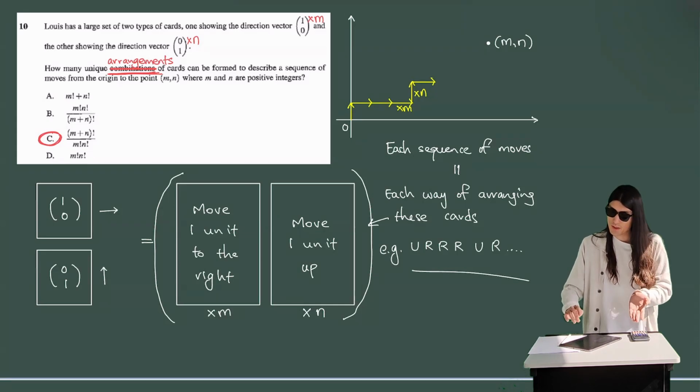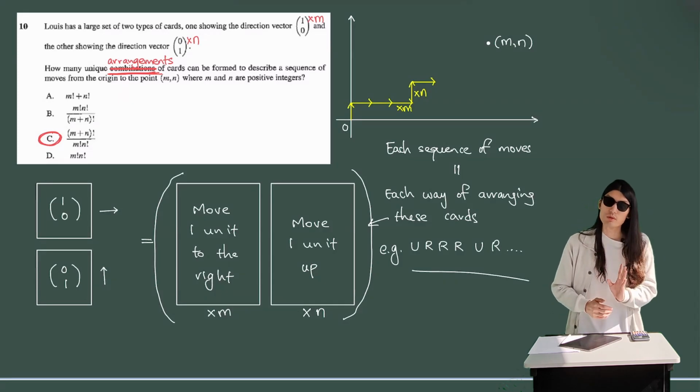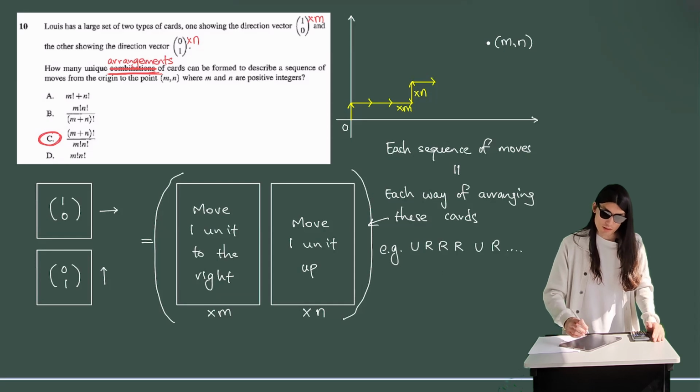Why? Because you would have moved m units to the right and n units up starting from the origin, wouldn't you? That's the idea.